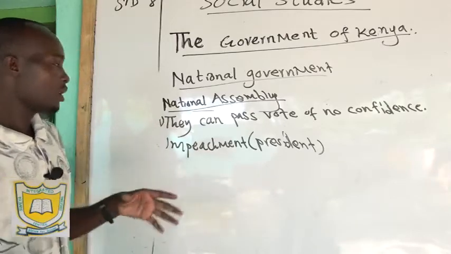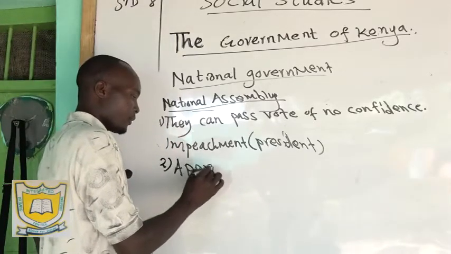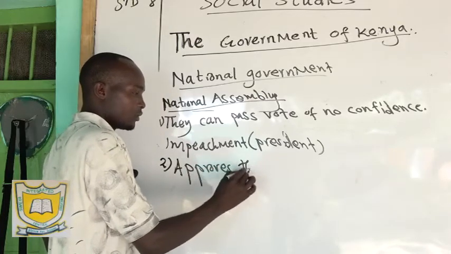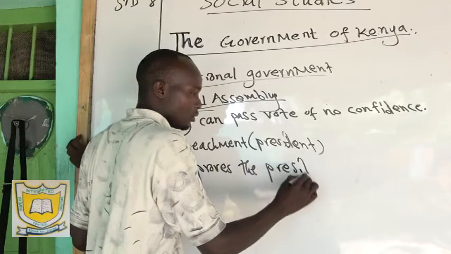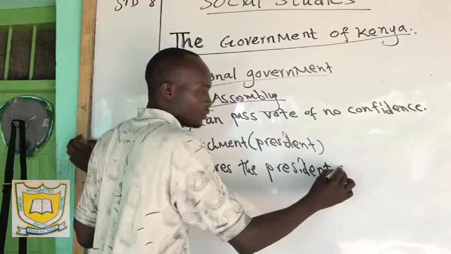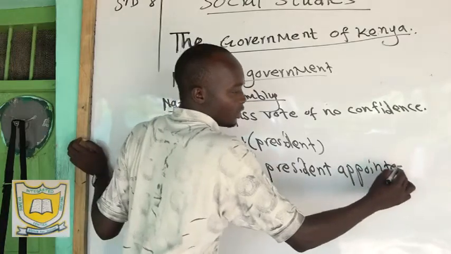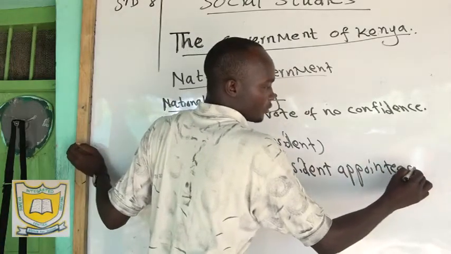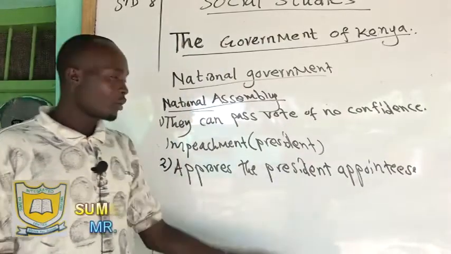Then number 2, approves the president's appointees. Appointees are these people appointed by the president.